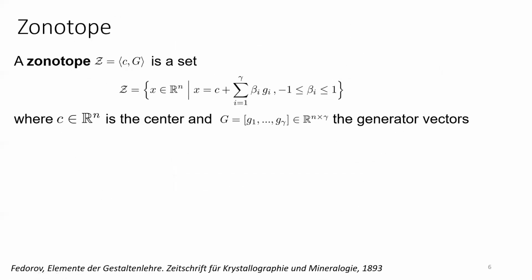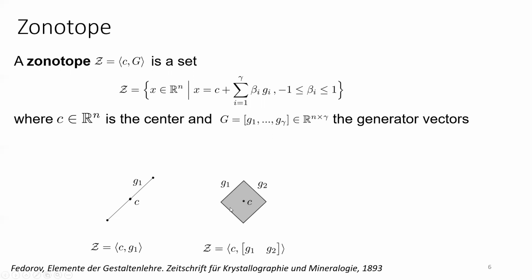As a set representation, I'm using Zonotopes, which consist of a center and a list of generator vectors. So the center is added with beta from -1 to 1 multiplied by the generator. And we have the center added to G1 plus minus as shown here.